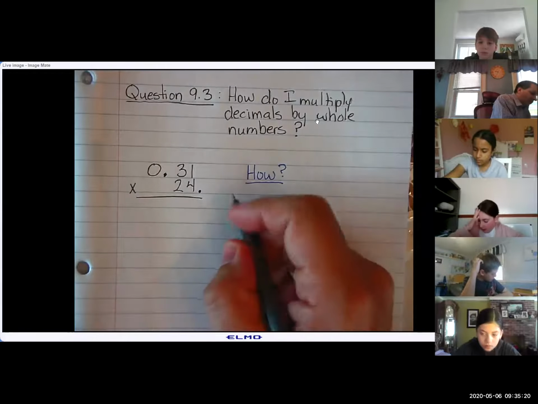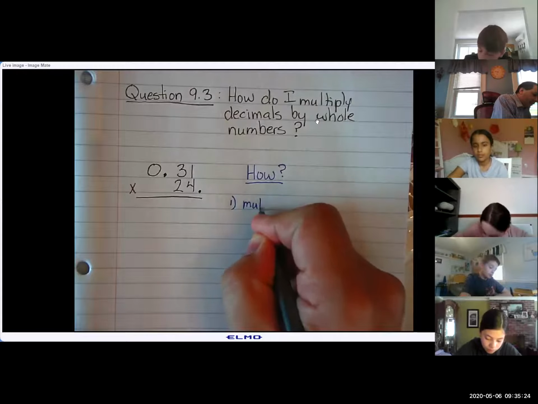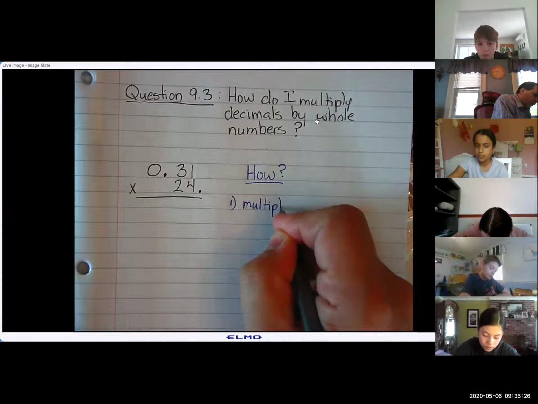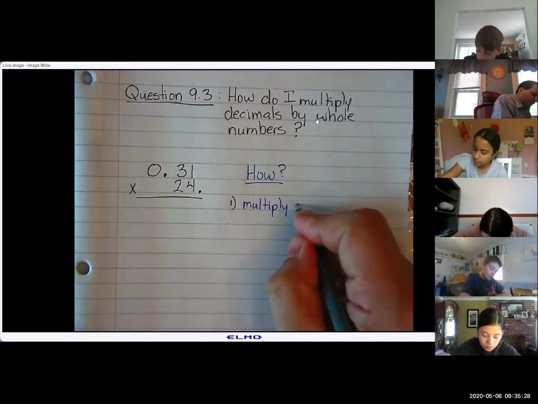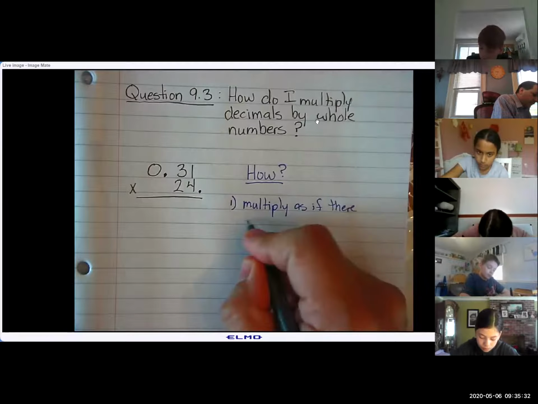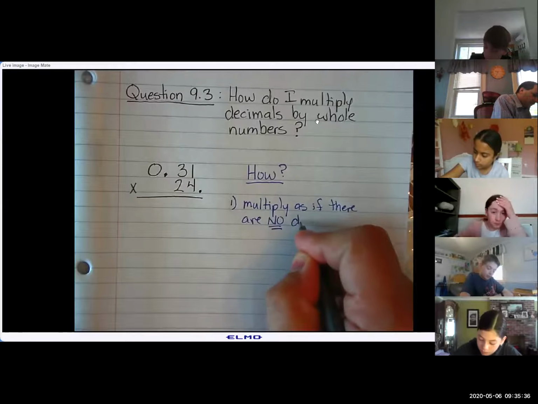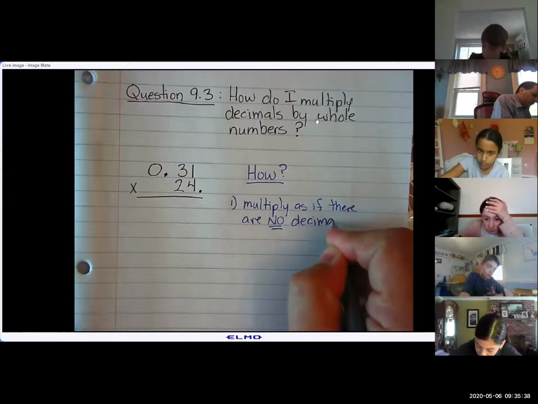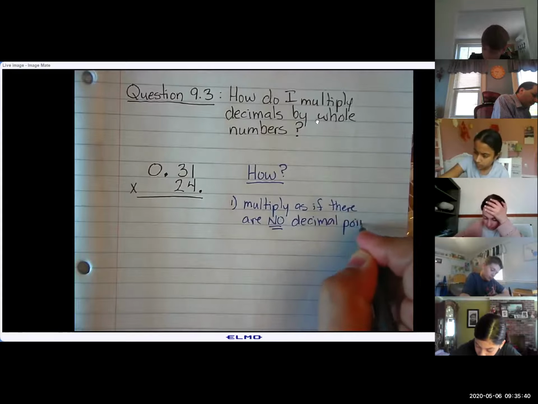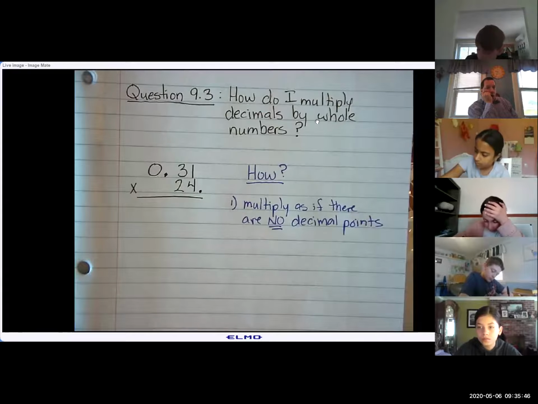The first step to solve this problem is to multiply as if there were no decimal points at all. Which you all know how to do.